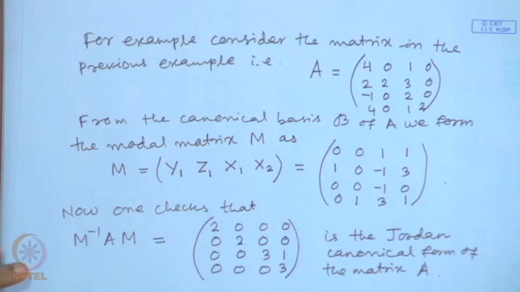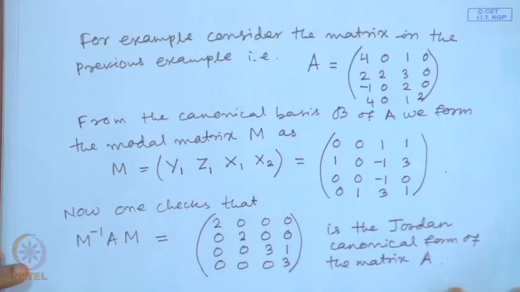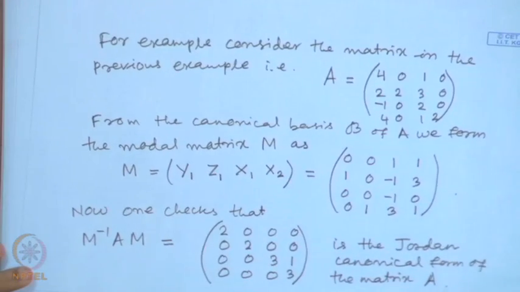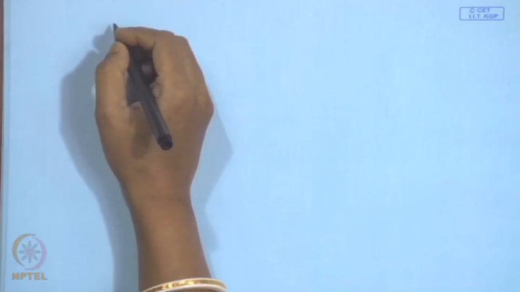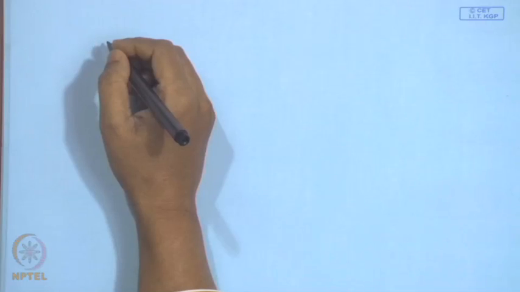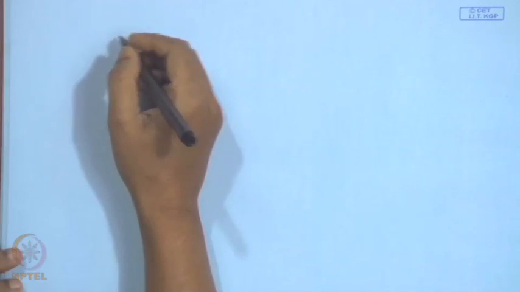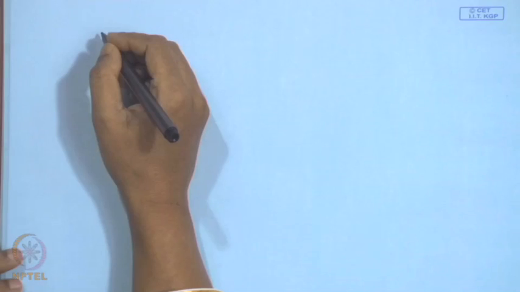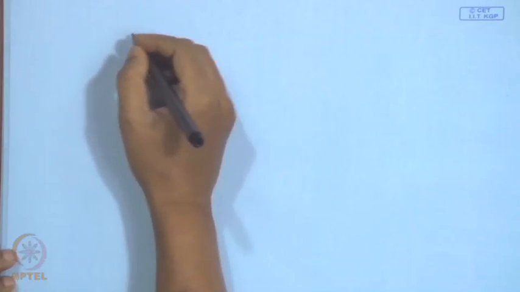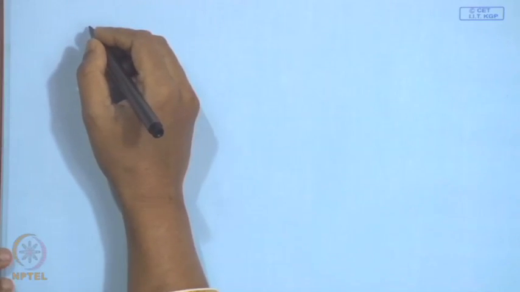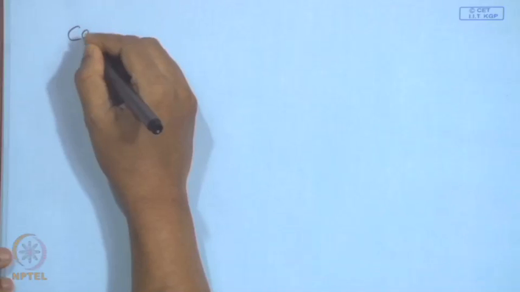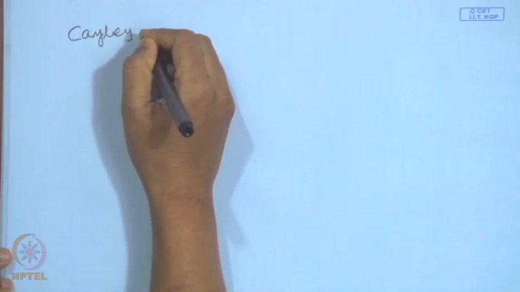So, here we have shown that every square matrix is similar to a nearly diagonal matrix, or a matrix in Jordan canonical form. Next we will discuss an important theorem of linear algebra, and in particular an important theorem of matrix theory, to complete this vector space part. Here we discuss the Cayley-Hamilton theorem.